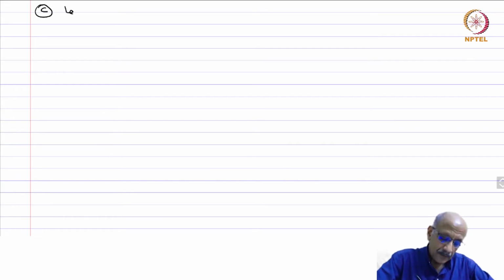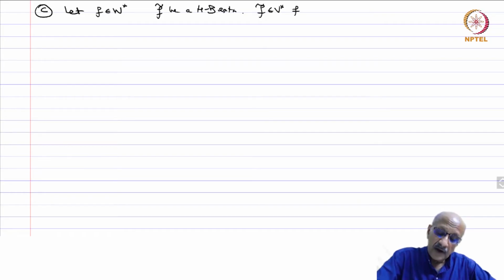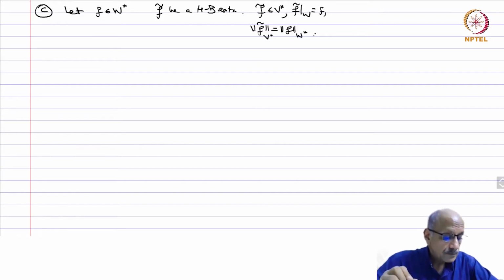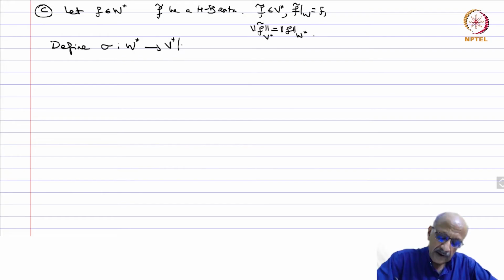So let f belong to W star, and then let f tilde be a Hahn-Banach extension. What is that? f tilde is in V star, f tilde restricted to W equals f, and norm of f tilde equals norm f. This in V star and this in W star. So define sigma from W star to V star by W perp.